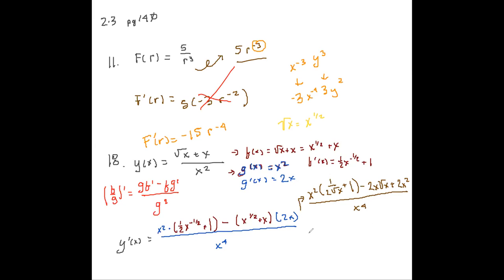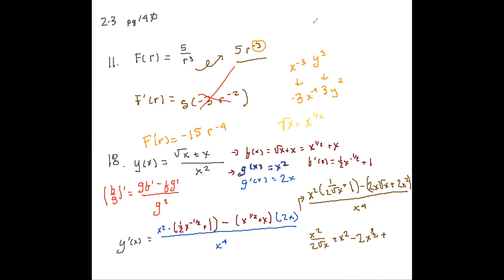And then I'm going to say this is x squared over 2 root x plus x squared minus, this is a quantity here, so it's minus 2x root x plus, that's actually probably better to write as 2x to the 3/2.